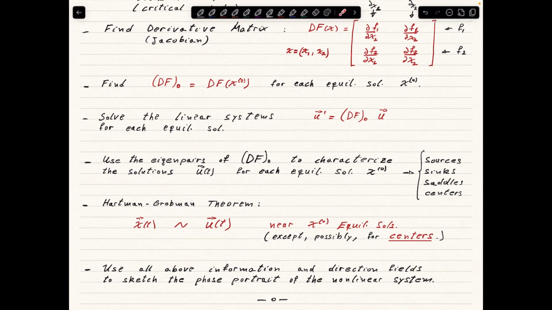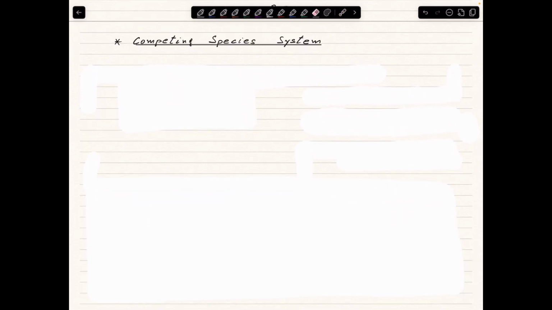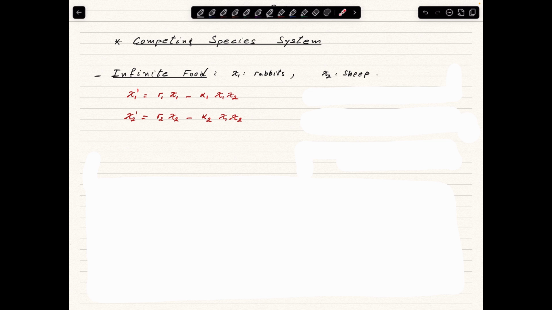Now let's use this linearization analysis to study the solutions of the competing species system. In a previous video, we have already studied the case of the competing species with infinite food resources, which is given by this system of nonlinear equations.